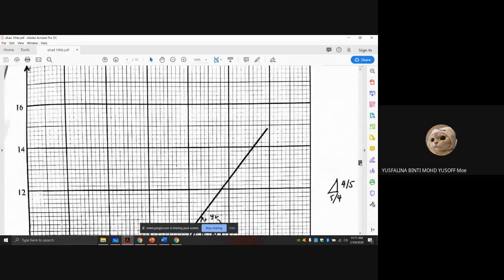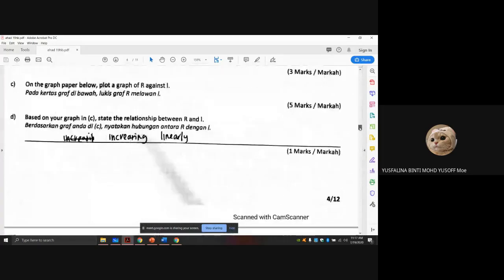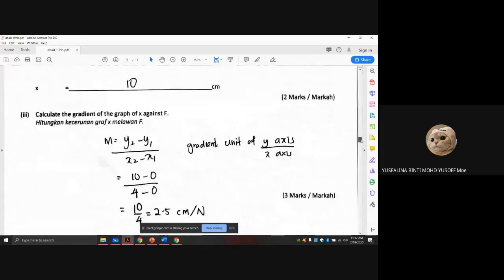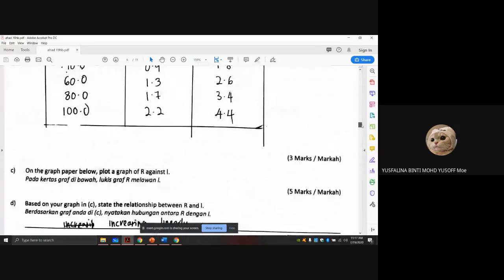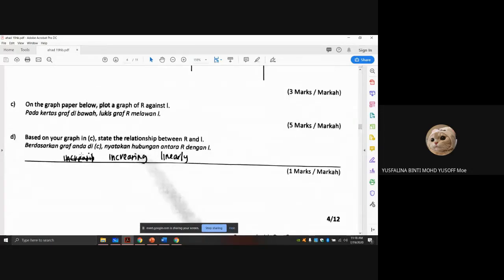Can I show you the graph later? I will send it in the group. So this one is increasing linearly. It depends on the graph. Let's say your graph passes through 0, 0, so the answer should be directly proportional. Mine I think is not passing through 0, 0, so the answer is increasing linearly. So I will give the graph later in the group.